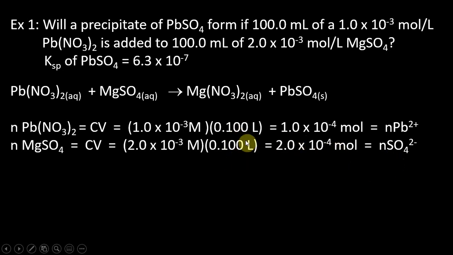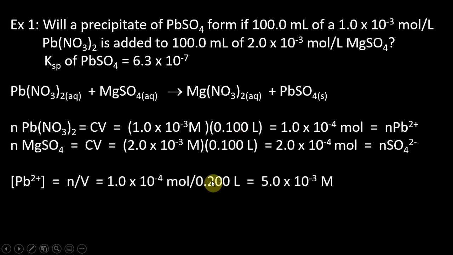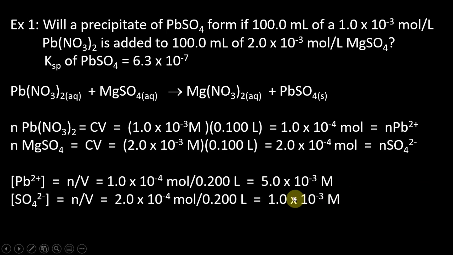Now we can use the volumes. We had 100 milliliters of each, so when we mix them together we get 200 milliliters. Dividing the moles by the volume gives us 5 times 10 to the minus 4 molar of lead(II) ions and 1 times 10 to the minus 3 molar of sulfate ions.